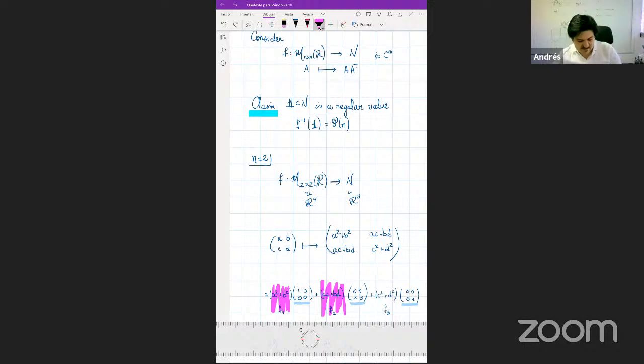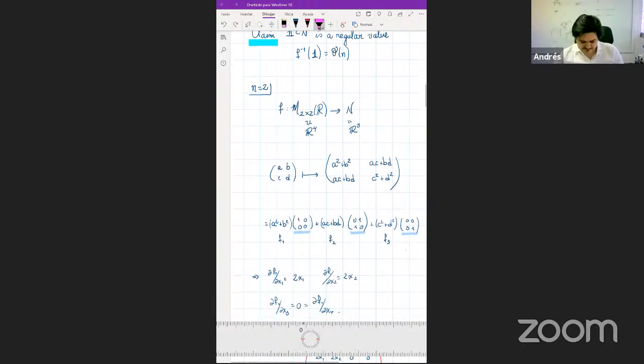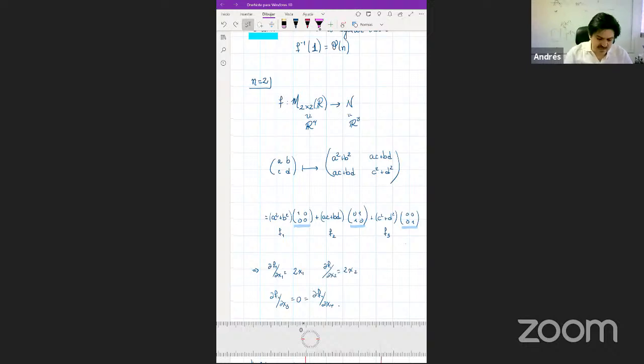And then in order to determine the regular values or regular points, critical points, because I have a map between Euclidean spaces, I just take the Jacobian. I'm labeling this as x1, x2. Those are my coordinates on the set of 2 by 2 matrices.